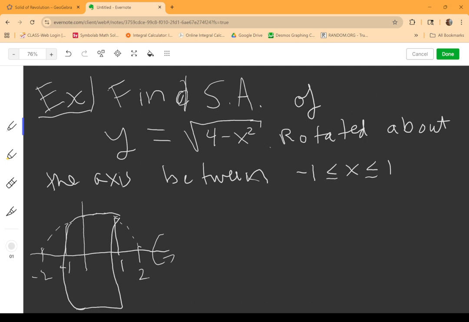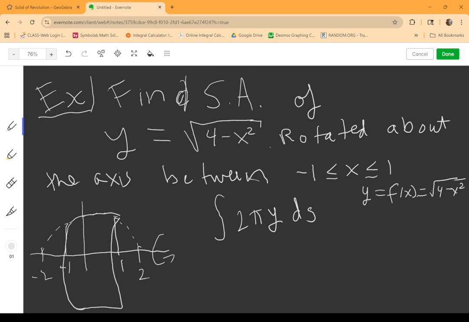So I want to determine the surface area. Consulting my formula, we get 2 pi y ds for rotation across the x-axis. I think here it's already solved in terms of y, so I'll use this to be my f of x. In this case, y equals f of x, which is root 4 minus x squared.